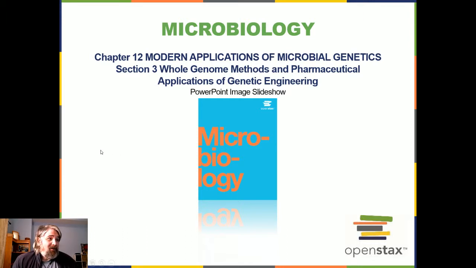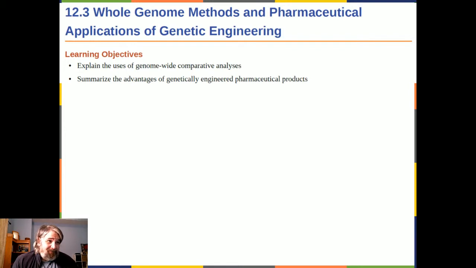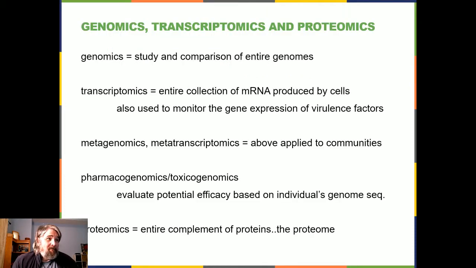Anyway, okay, so whole genome methods and pharmaceutical applications of genetic engineering. So the uses of genome-wide comparative analyses, and then the advantages of genetically engineered pharmaceutical products. Okay, so basic terminology here. When we say genomics, we're talking about the study and comparison of entire genomes.